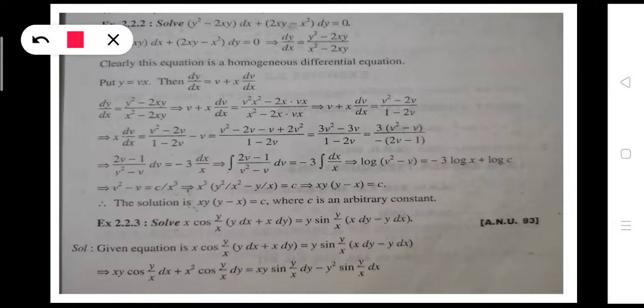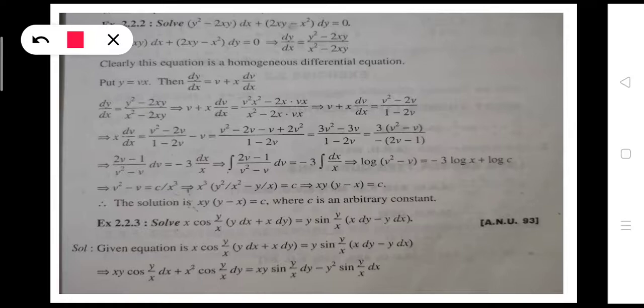Now check whether this given differential equation is homogeneous or not. First, the given equation can be written as x cos(y by x) into (y dx plus x dy) is equal to y sin(y by x) into (x dy minus y dx). This implies xy cos(y by x) dx plus x square cos(y by x) dy is equal to xy sin(y by x) dy minus y square sin(y by x) dx.